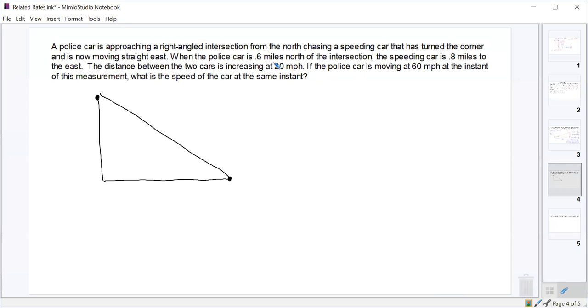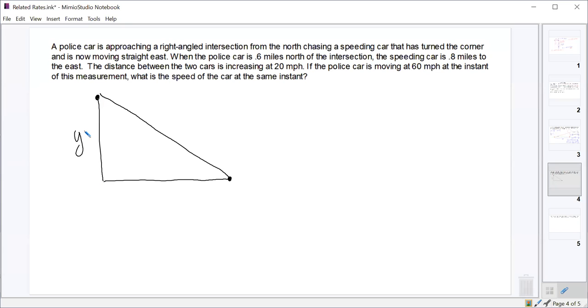The distances from the intersection. This police car is not getting closer to this intersection? It is. So this distance is changing, right? What do we want to call this then? Let's not label it with a number. Let's label it with a variable. It's in the y direction. How about y? Do we feel okay about calling this y?